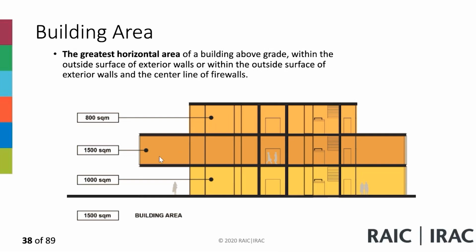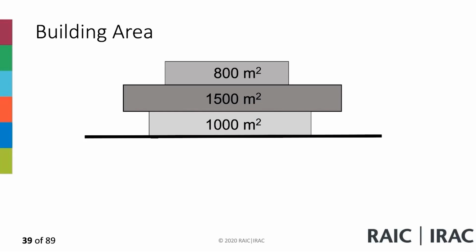So if you say this is 1,500 and you add another area here, you have to cover all this area. That's your building area. Okay? Everybody with us? So here, 800, 1,500, 1,000.